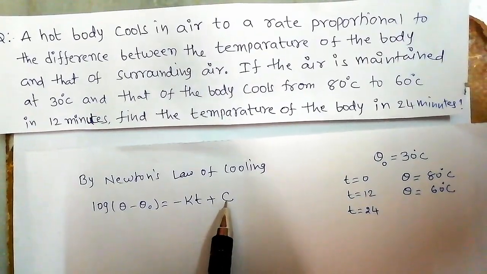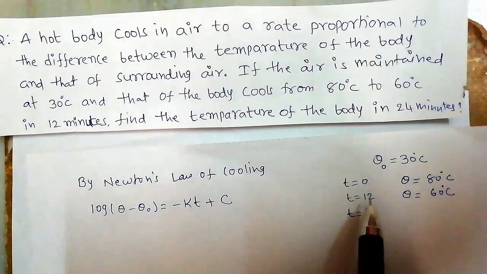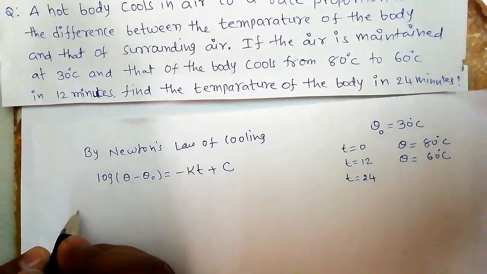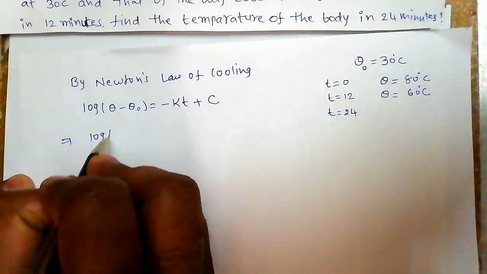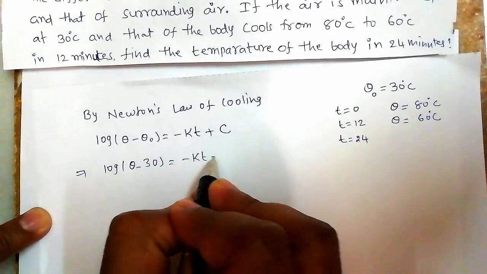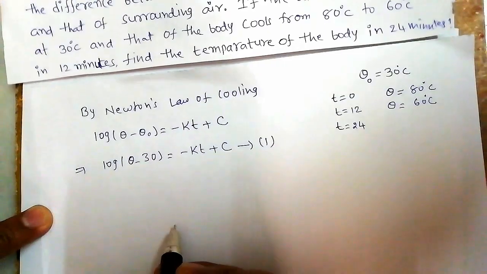So to find these two values I need two conditions. Let us see. Now I have theta 0 equal to 30 degrees Celsius. That means now we have log of theta minus 30 equal to minus kt plus c. I am taking this as equation 1.